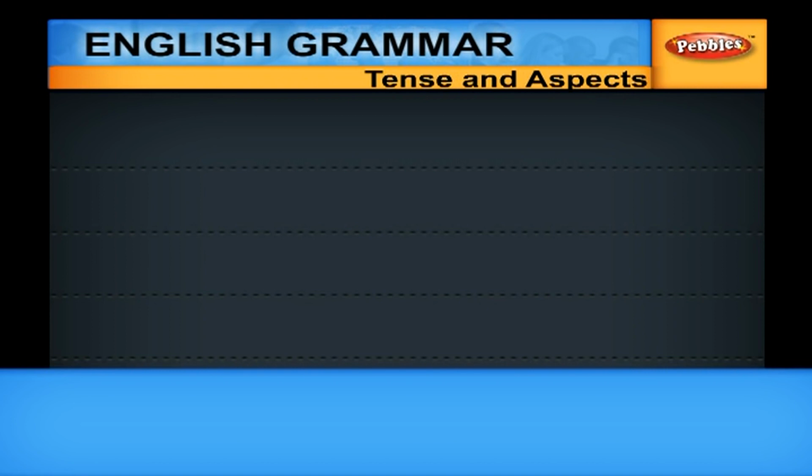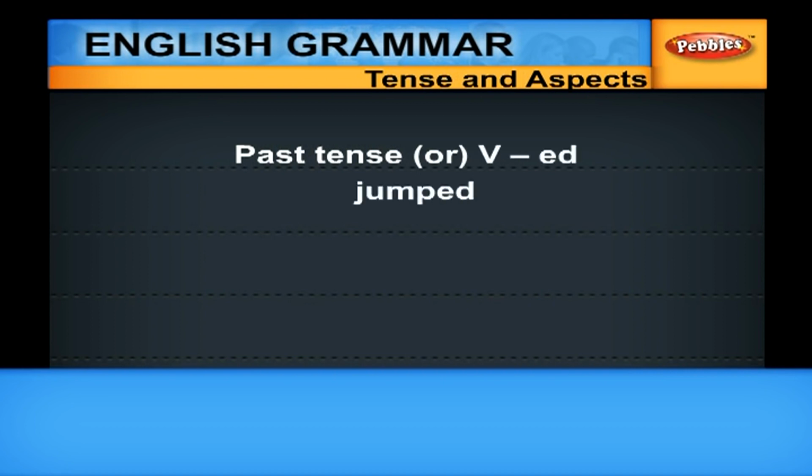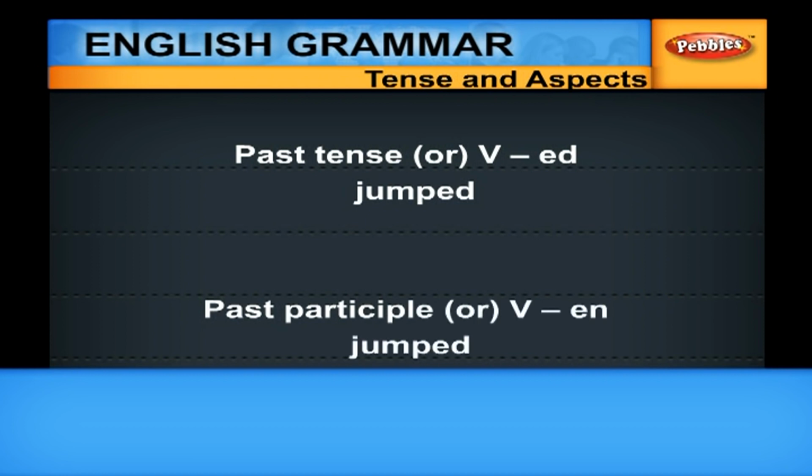Naturally, we have one question. Past tense or VED form is jumped. Past participle VEN form is also jumped. How do I know whether the verbal item is VED past tense or VEN past participle?